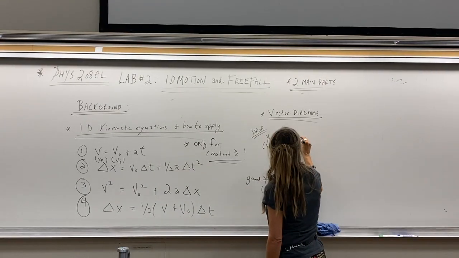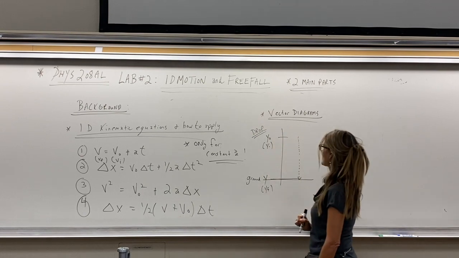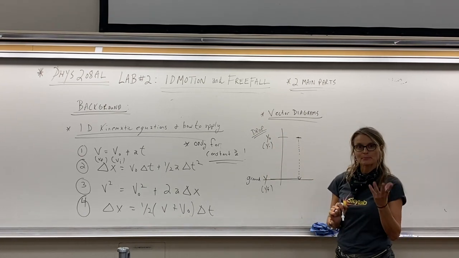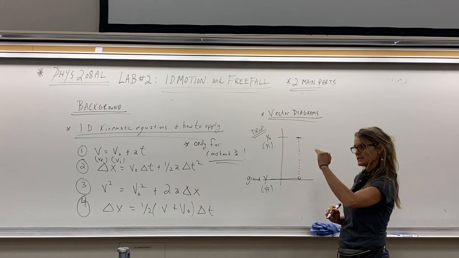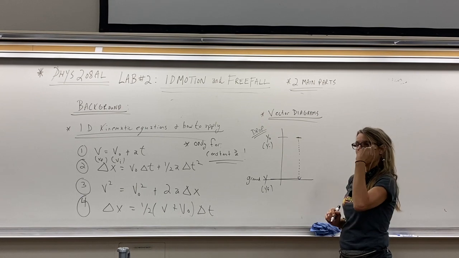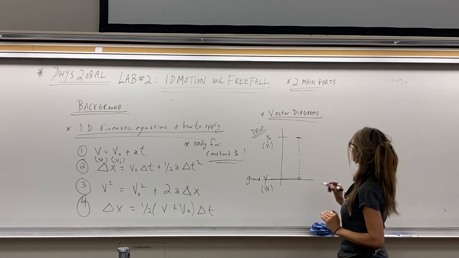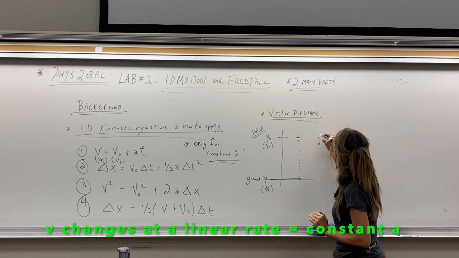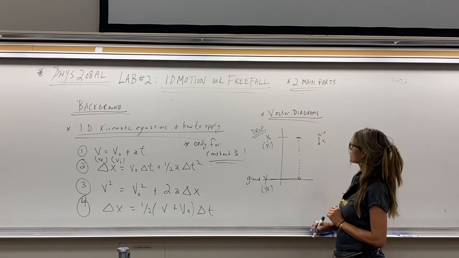If I were to drop an object, I would notice that it would speed up as it's dropped. So how do I represent that with velocity vectors? I want to see how the velocity is changing, and my hunch is the velocity should change linearly as a function of time. My first vector is going to be a little small, I'll call that v1, and v naught equals 0 at the very top.